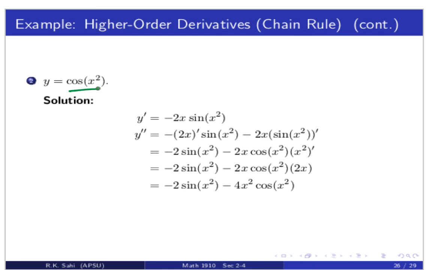But this still is simple because if you want to take the first derivative, notice what it is. Outside function is cosine, inside function is x squared. So your y prime would be the outside function negative sine, and it will be x squared times the differential of x squared, which is 2x. Now, make it in a nicer form, you get it like this.